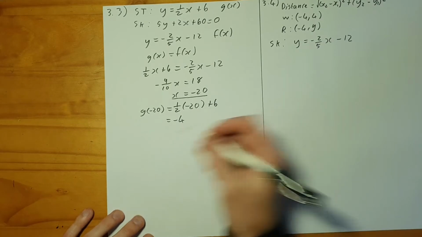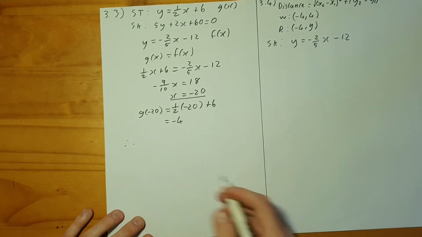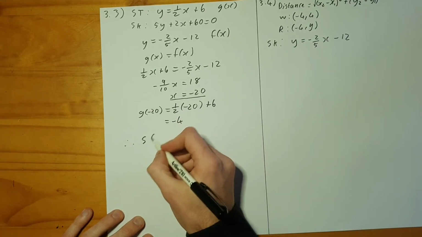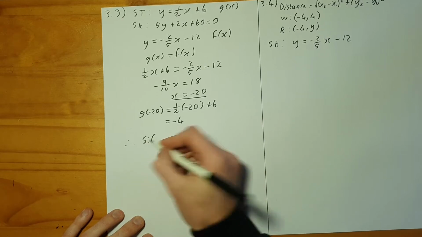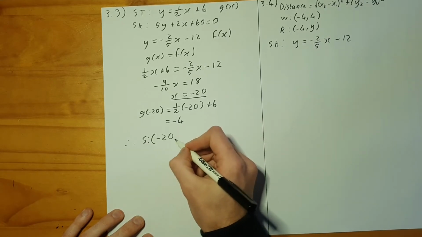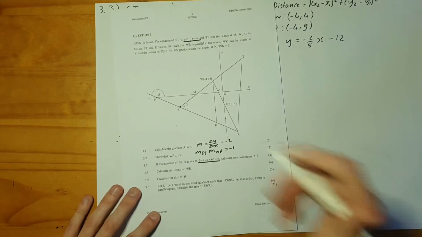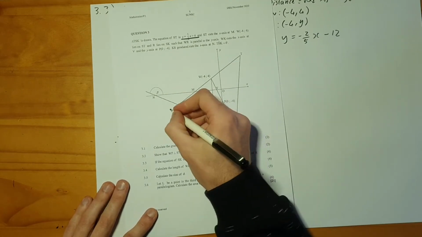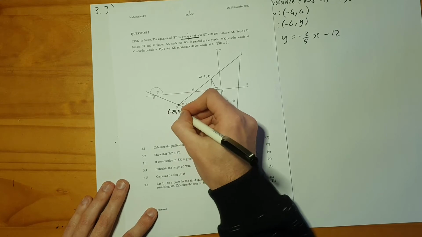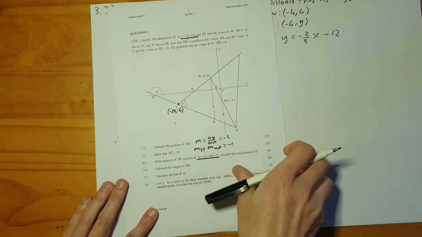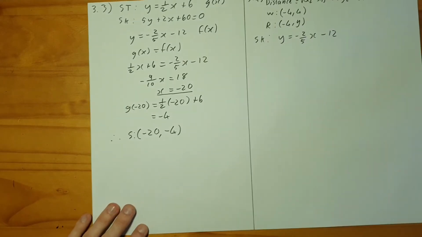The final thing we do is write S's coordinate out. So S is going to be -20 and -4. I'm going to fill this in on your paper so that you know what it is: -20, -4. And you don't have to page back and forth.